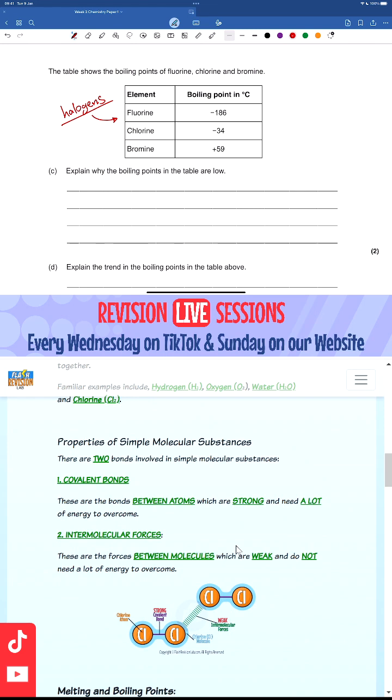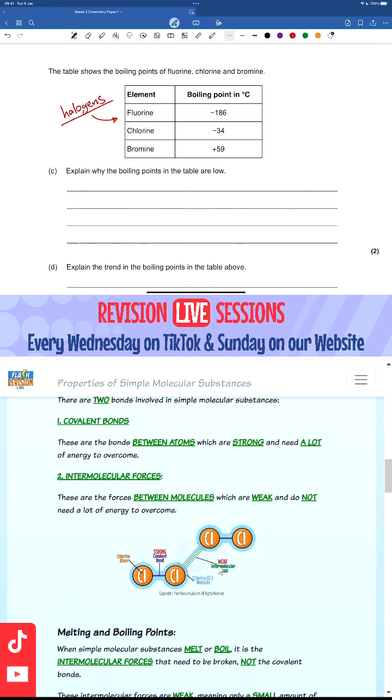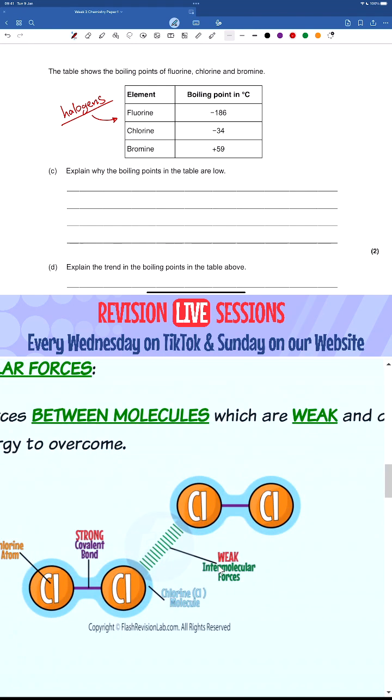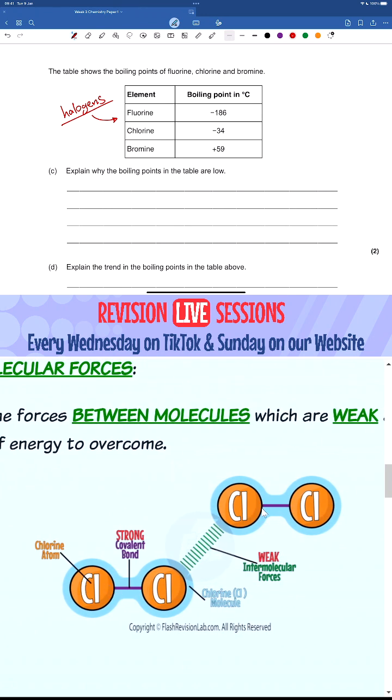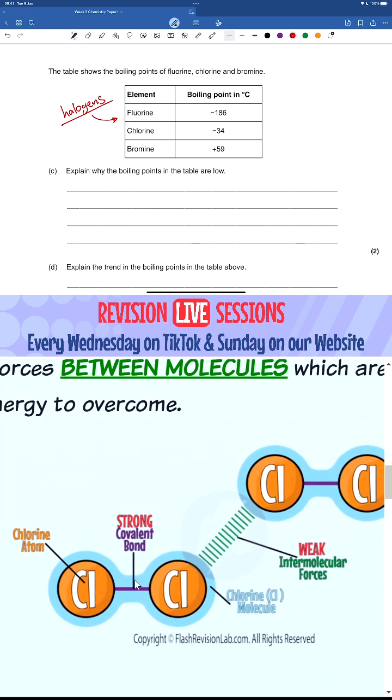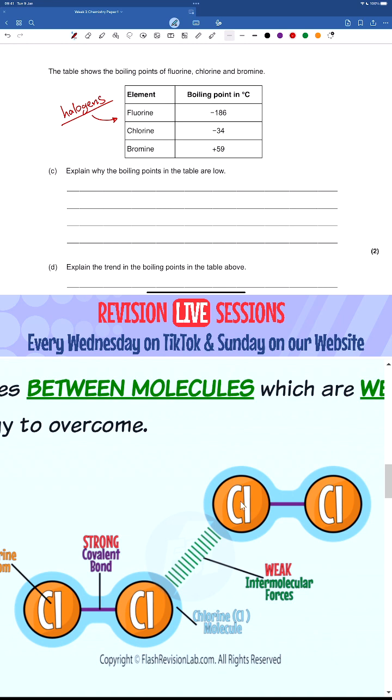Yes. Okay, so look at this diagram here. We've got 2 chlorine molecules. So chlorine is diatomic. They exist as Cl2. In between each chlorine atom, there's a covalent bond. In between the chlorine molecules, there are intermolecular forces. The covalent bond is strong. The intermolecular force is weak.